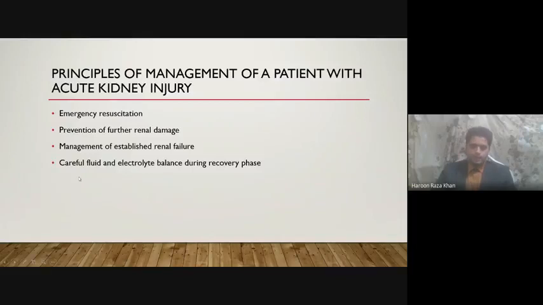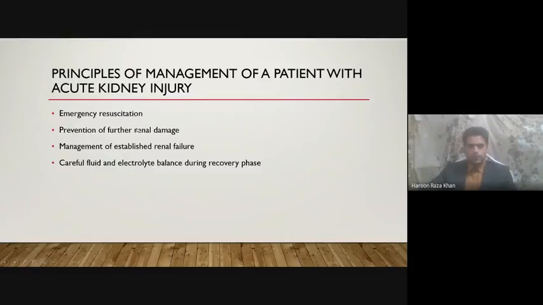Finally, in the end is the careful fluid and electrolyte balance during the recovery phase. A large volume of dilute urine may be passed until the kidney recovers its concentrating ability. So the fluid and electrolyte balance will help us understand the recovery phase. So this is about the principles of management of an individual with acute kidney disease.